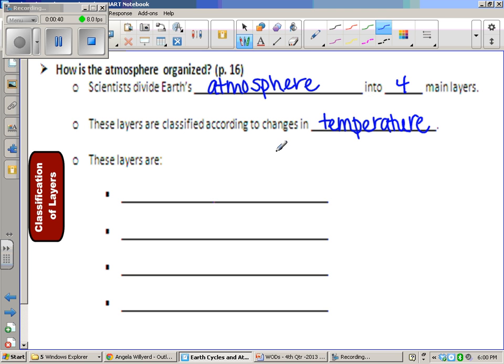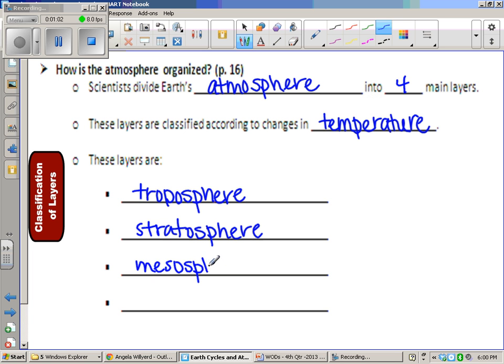So these layers include the troposphere, which is the layer that we're currently in right now, the stratosphere, the mesosphere, and the thermosphere.